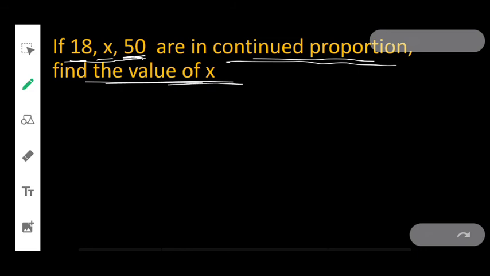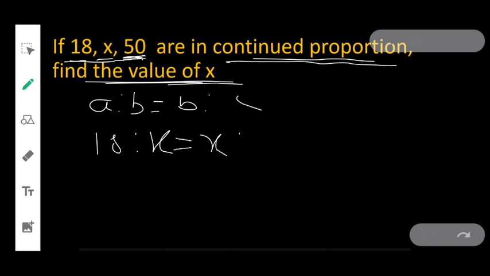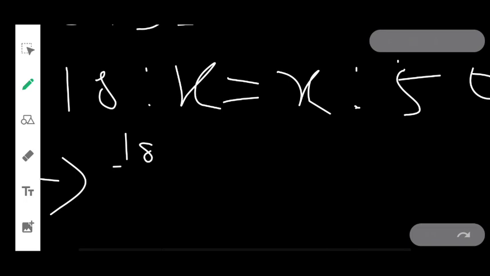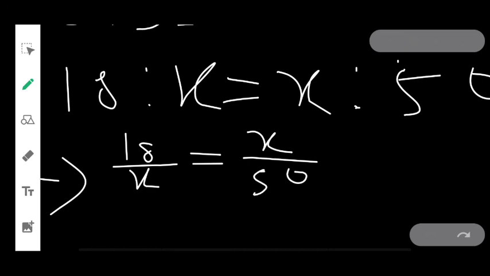So in continued proportion, A is to B equals B is to C. So A is 18, B is x, that we have to find, and C is 50. So this will be 18 by x equals x by 50.